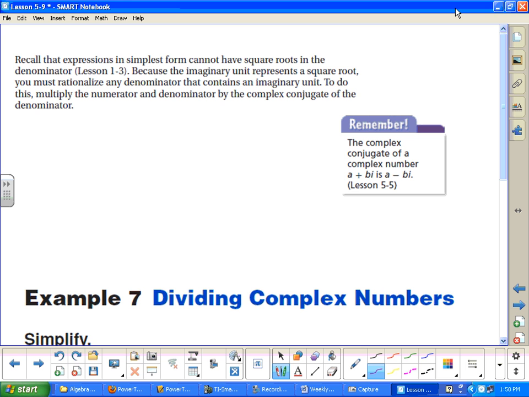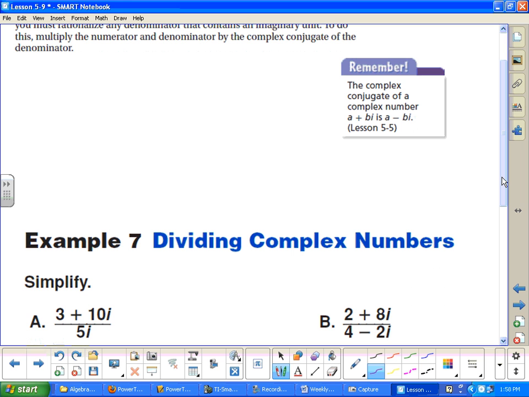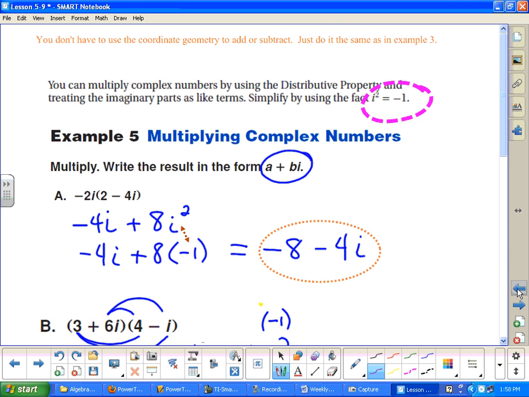If you recall, when we were dividing with radicals, we said that you cannot have a radical in the denominator. The same thing is true with complex numbers. We cannot have a complex number in the denominator, so you can't have i in the denominator. So we talked about the complex conjugate, and we need the complex conjugate to get i out of the denominator, just like when we did this multiplication over here.